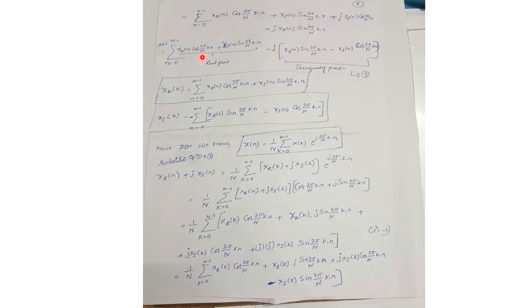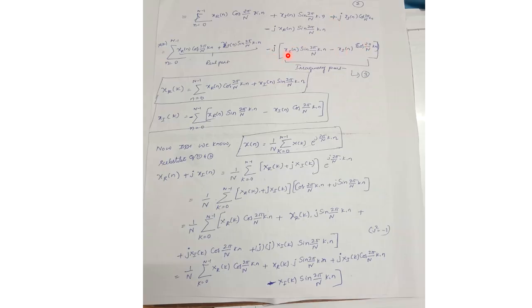So this is xr of n, xi of n. You both will be considered as a real part. Minus j, you will take minus j as common here. So this equation will be a reduction of the previous equation. So here you are taking minus j common, so that if you multiply this minus j to the component, you will get this equation.